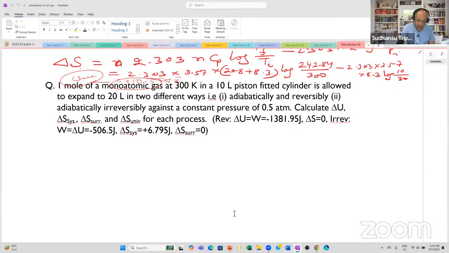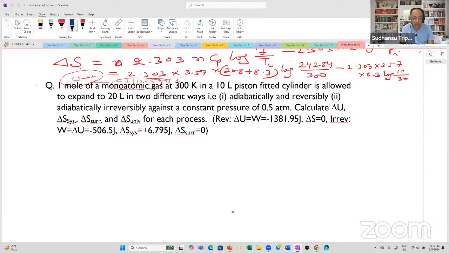So, for the sake of revision, and for the benefit of those who are watching, let us try to revise in 10-15 minutes by solving problems. This is based on both the first law as well as the second law. You are going to find both the internal energy change as well as the entropy change.